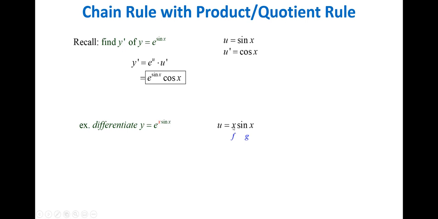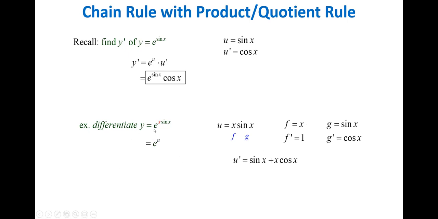Then when I go to take the derivative, I see that this is actually multiplication. It's x times sine x. Therefore, f is x, g is sine x, f prime is 1, g prime is cosine x. Therefore, u prime will be sine x plus x times cosine x.